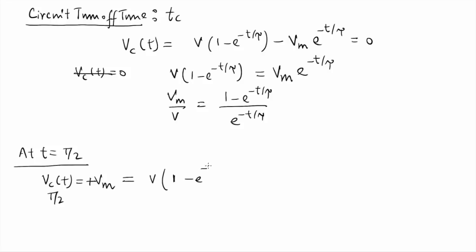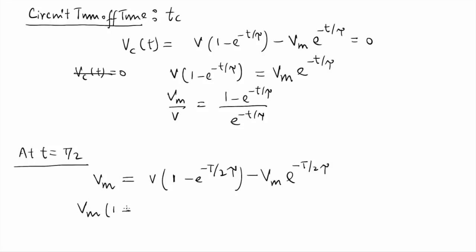So replace t with T by 2 in the voltage equation. It is V into 1 minus e to the power minus T upon 2 tau, minus Vm e to the power minus T upon 2 tau. This concept I already discussed in this lecture. Take Vm to the left side: Vm into 1 plus e to the power minus T upon 2 tau is equal to V into 1 minus e to the power minus T upon 2 tau.